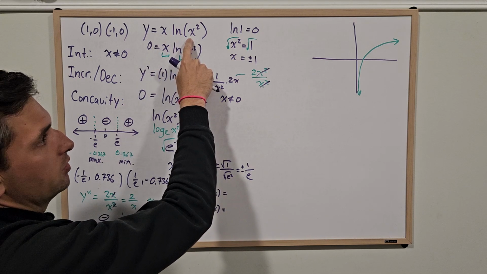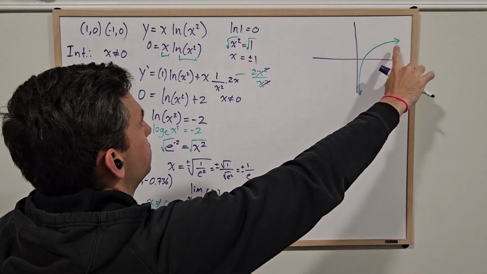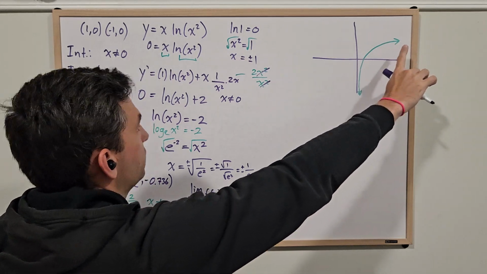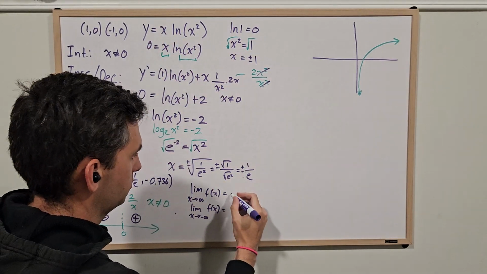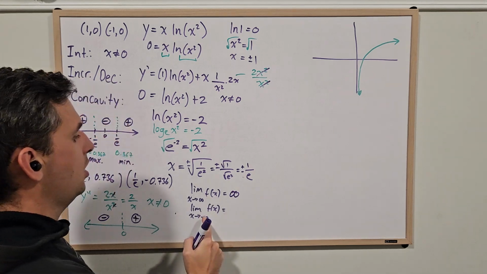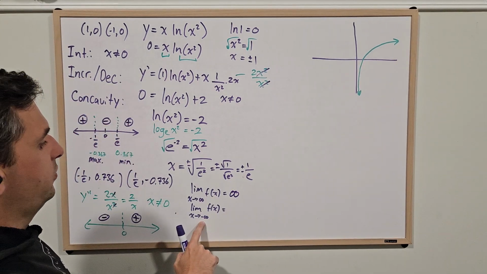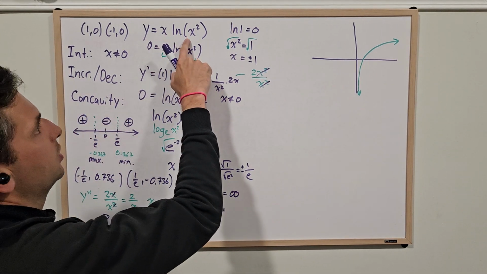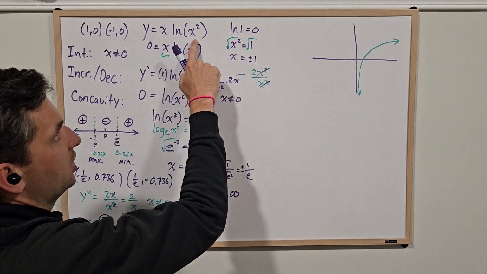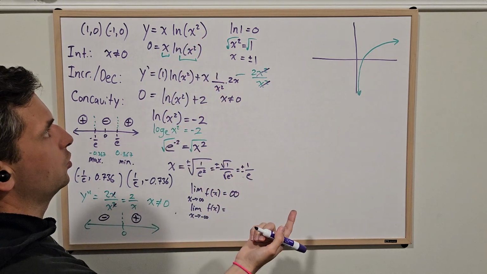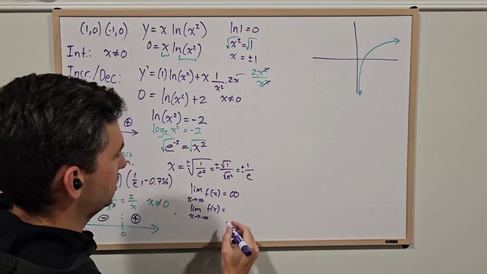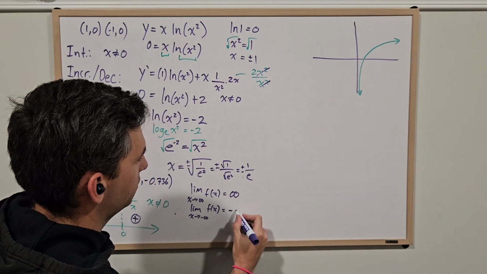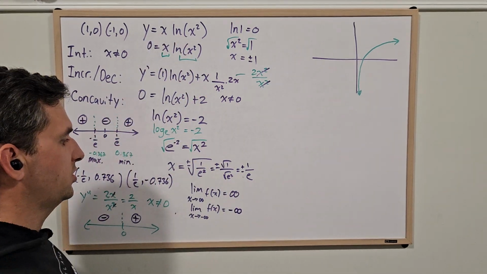The natural log of infinity, well, looking at our graph of natural log, it goes up to positive infinity. So I just have positive infinity multiplied by positive infinity. That's just going to be positive infinity. Here we have negative infinity, right? So it's going to be negative multiplied by, if I put a negative infinity here, we're squaring it, so it turns into a positive. So this part's going to be positive infinity. Positive times a negative is going to be negative. We're going to have negative infinity on this side.